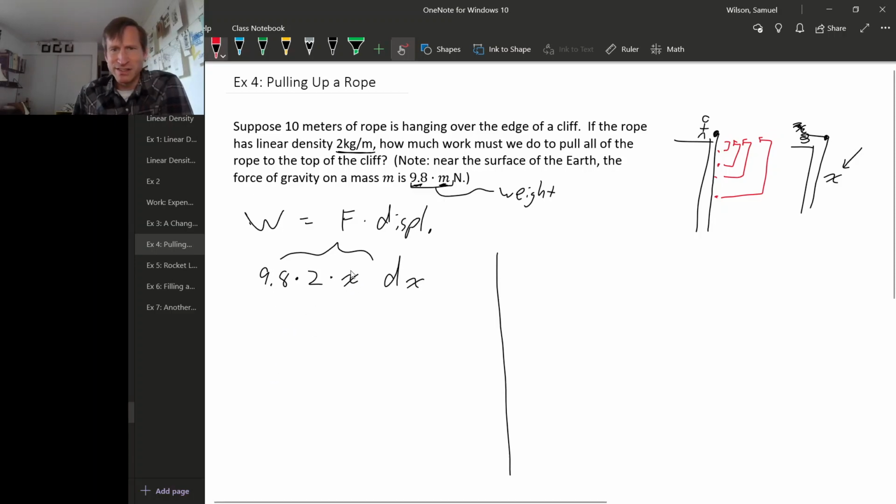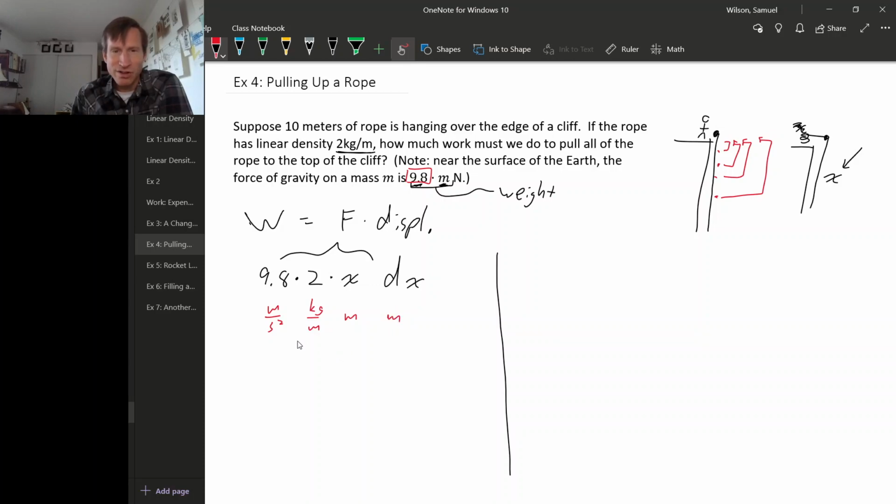Just to check on the units, this 9.8 is meters per second squared. The 2 here was a linear density, so that's kilograms per meter. x is a length, so that's in meters. And dx is a displacement, so that's also in meters.